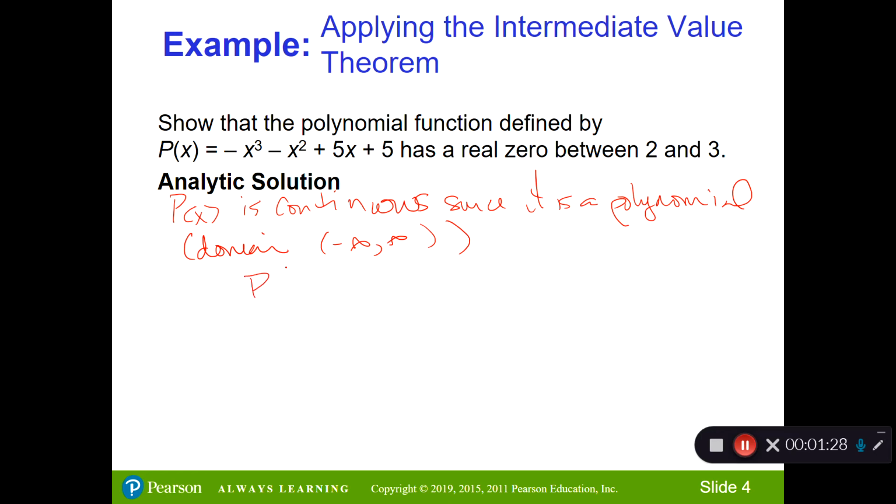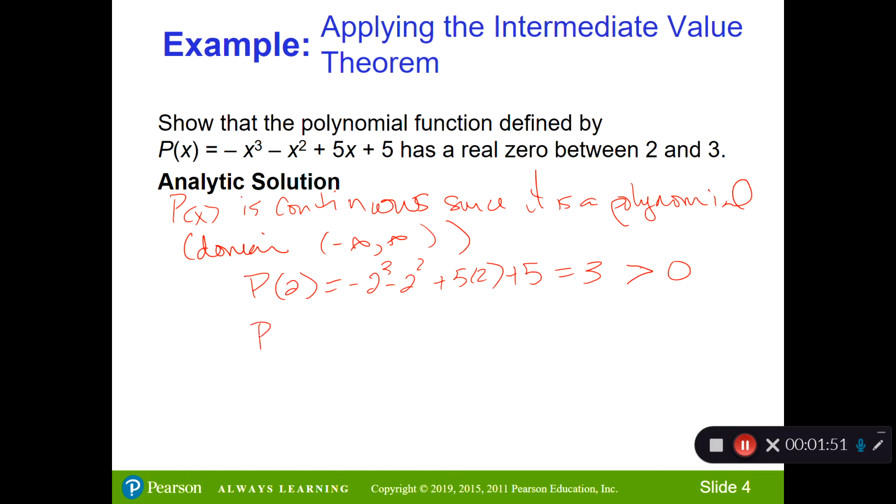Then, if I plug in 2, I get negative 2 cubed minus 2 squared plus 5 times 2 plus 5. That's negative 8 minus 4 is negative 12 plus 10 is negative 2 plus 5 is 3. Doesn't matter what the value is. The fact is it's positive.